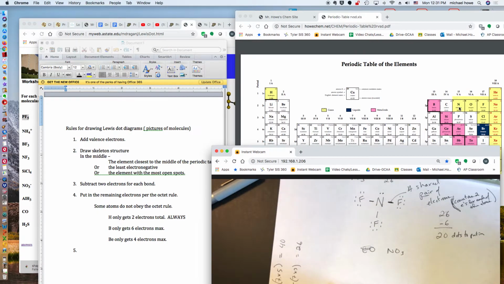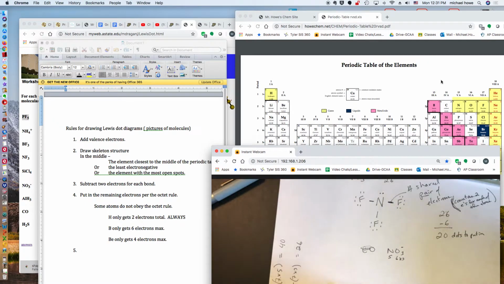N has 5, O has 6, but there's 3 of them, times 3. And then that little minus sign means that there's one extra overall. So that's 1. So my total would be 5 plus 18, that's 23, plus 1 is 24 valence electrons.